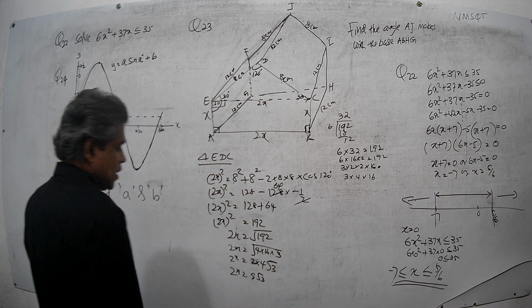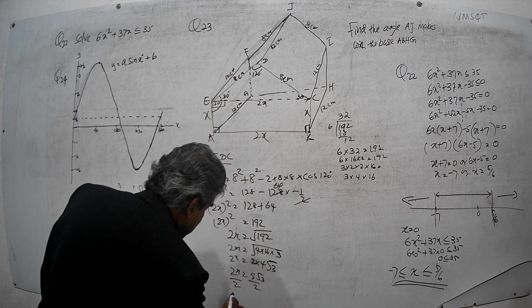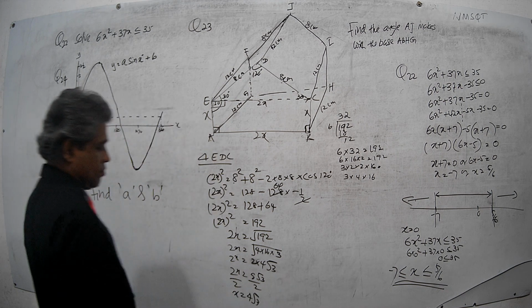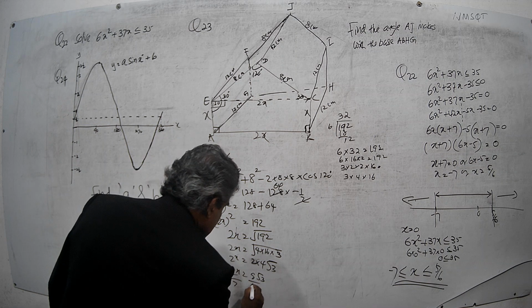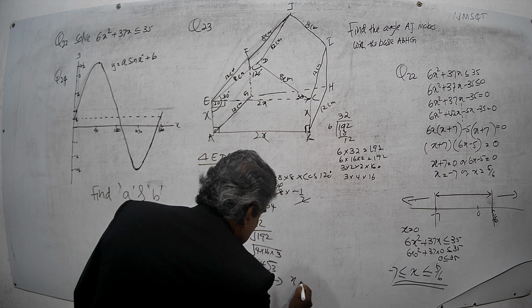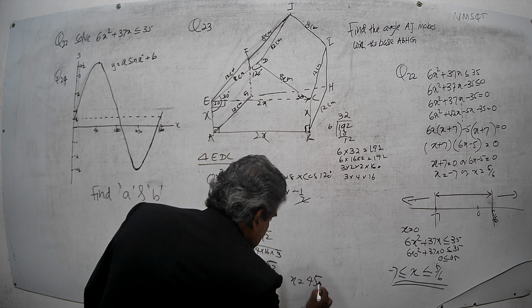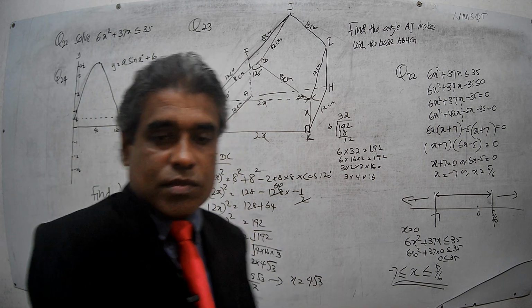Then x equals, you divide by 2, x equals 4 square root 3.